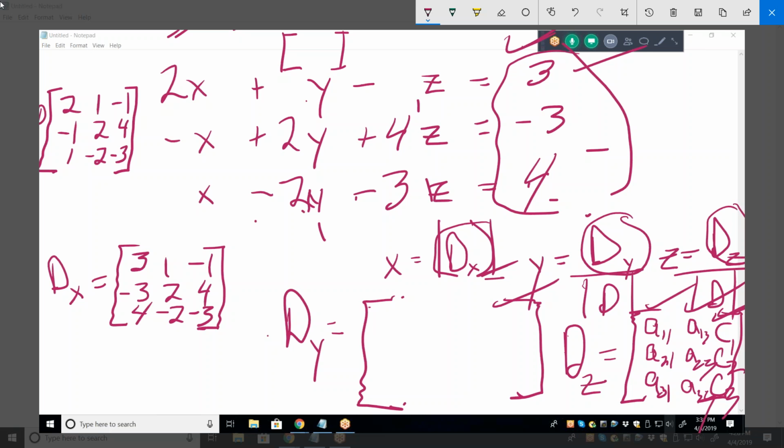2, 3, negative 1. Negative 1, negative 3, 4. 1, 4, negative 3.